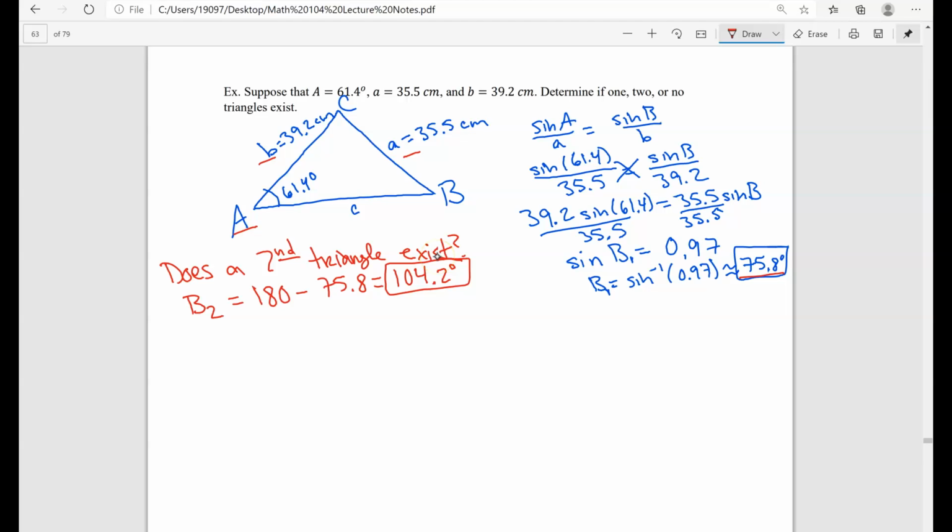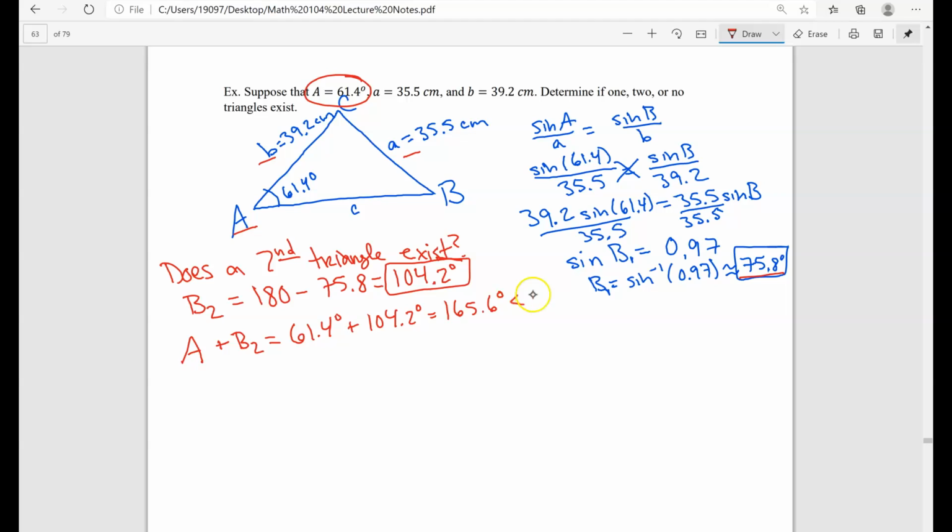Now, does it exist? Well, the way that we do that is we take our original angle and add it to this B2, and hopefully this is less than 180. So you're going to have 61.4 degrees added to B2, which is 104.2 degrees. So 61.4 plus 104.2 gives me 165.6.